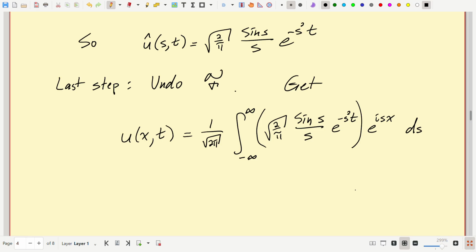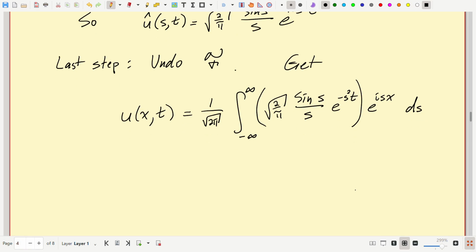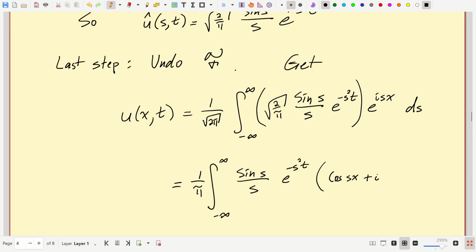That's a pretty interesting formula to look at for a little while. The square roots of 2 cancel, and I get 1 over pi times the integral from minus infinity to infinity. Let's start writing it out here. Sine s over s, e to the minus s squared t, and e to the i s x is cosine sx plus i sine sx, ds.